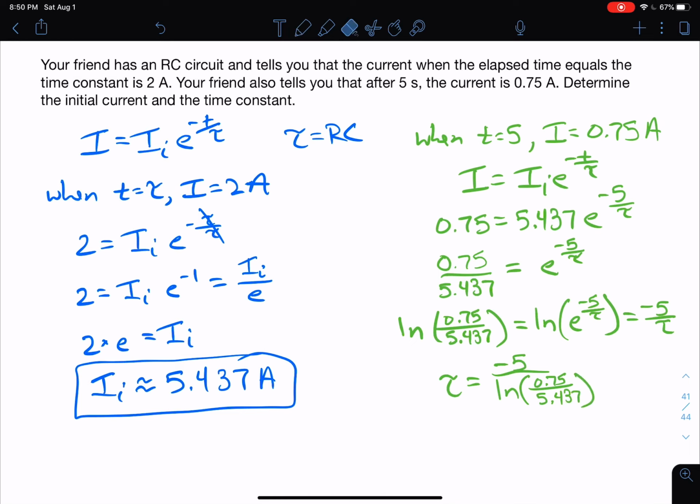And so, just plug that into the calculator. And it works out to be 2.524 seconds, approximately. And there you go.